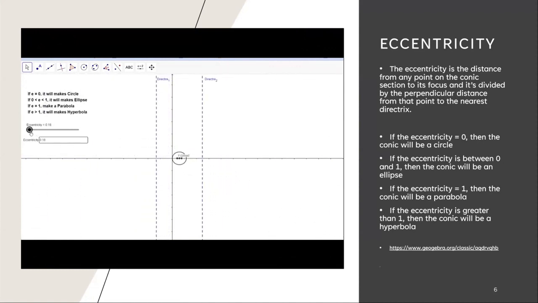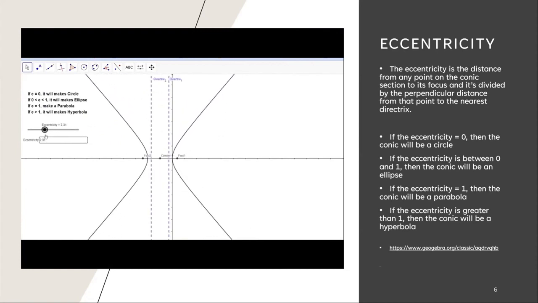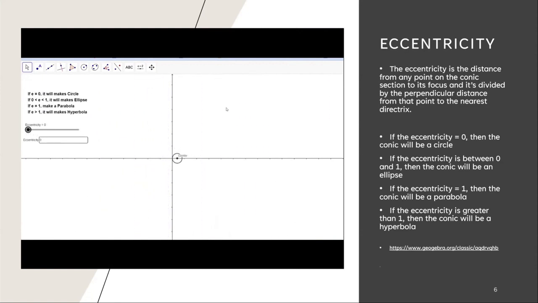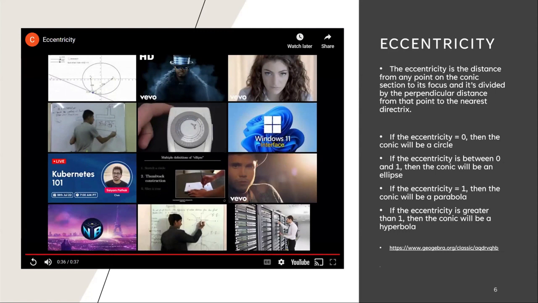If the eccentricity is between 0 and 1, the conic will be an ellipse. And if the eccentricity is 1, we get a parabola. The last one that is not shown within this illustration is that if the eccentricity is greater than 1, then the conic will be a hyperbola.